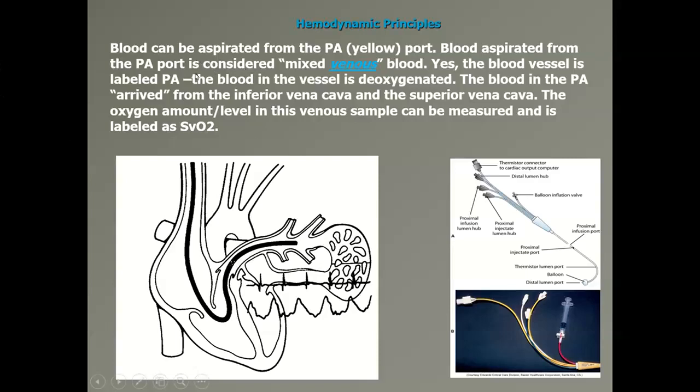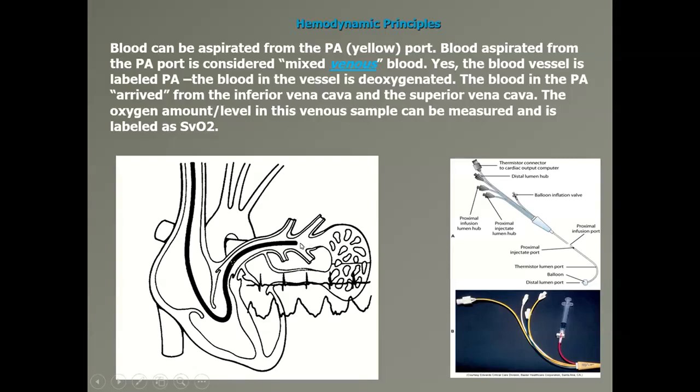It comes from the superior vena cava, the venous blood that drains down from the head and neck, and then the deoxygenated blood coming from anything lower than the shoulders comes into the inferior vena cava, and all of it gets mixed together and, of course, travels on into the pulmonary artery.